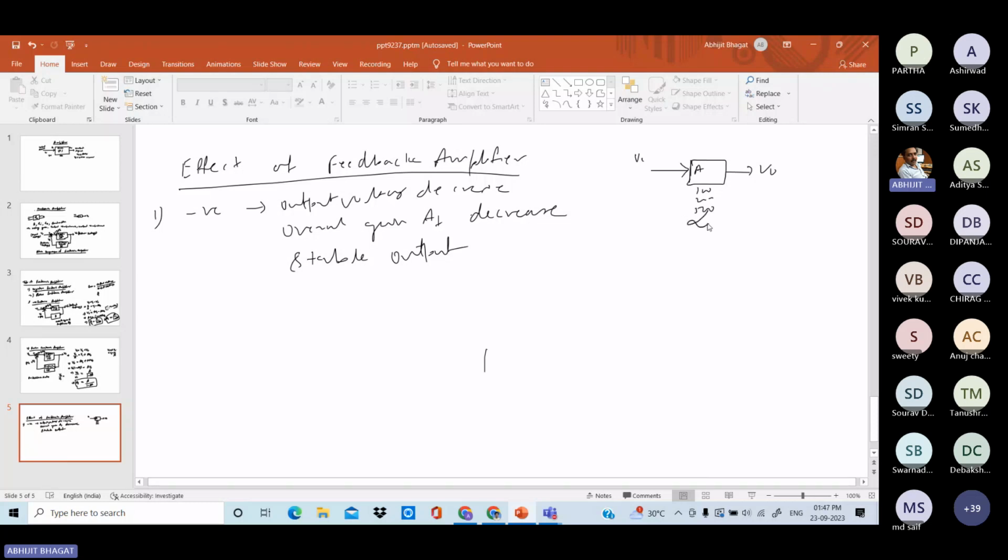Ideally it is infinite. Ideally, the gain of the amplifier is infinite, and practically it is a very high value. Now suppose whatever the supply you are using for the amplifier, it is suppose plus minus 12 voltage or plus minus 15 voltage.